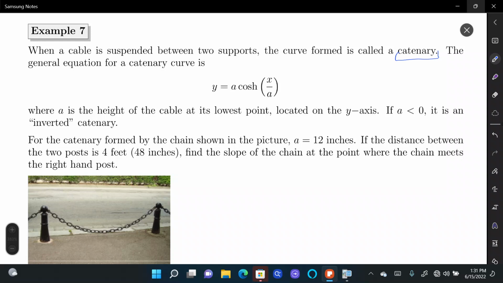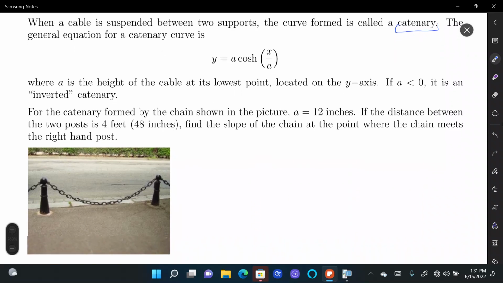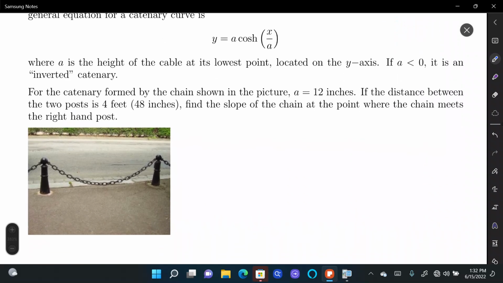So the general form they use to describe this kind of chain is y equals a cosh of x over a, where a is going to tell us the height of the cable. But when we have a being a negative number, we have an inverted chain, upside down. So let's have a look at this very brief word problem.